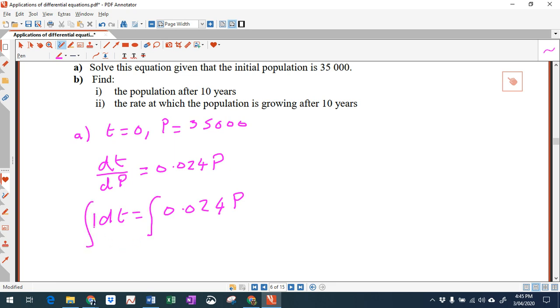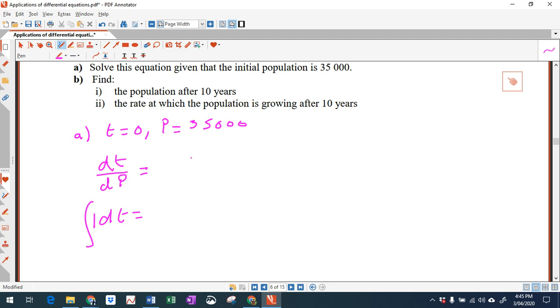Don't forget there's a 1, so it's going to be t equals. Now, if we integrate the right-hand side, I think I've made a mistake there. I have, yes. Let's rub that out. When I flipped, I didn't flip the right-hand side. Let's fix it up.